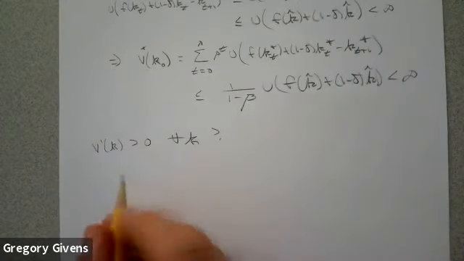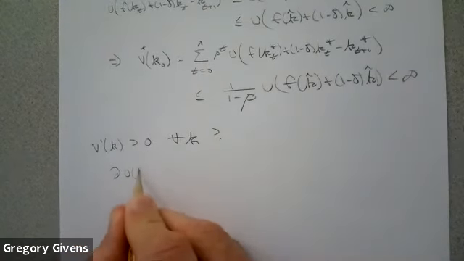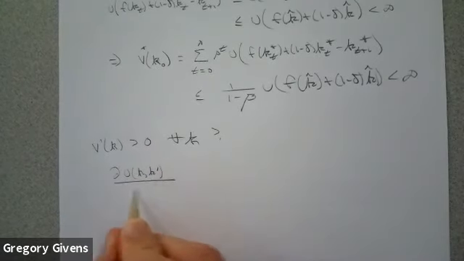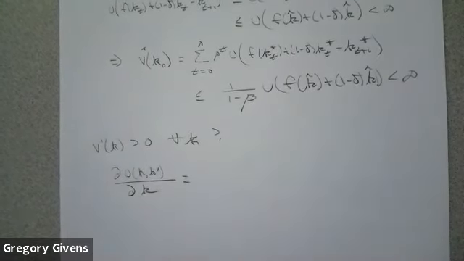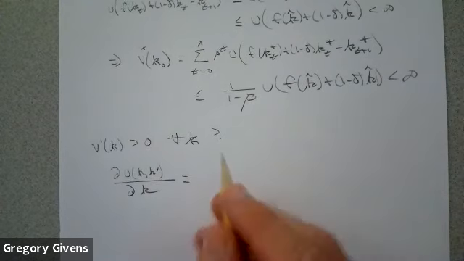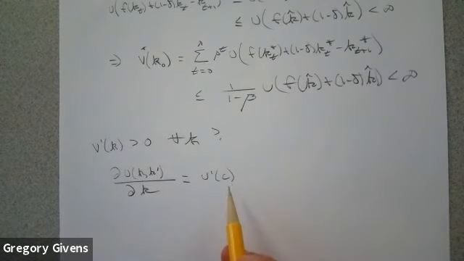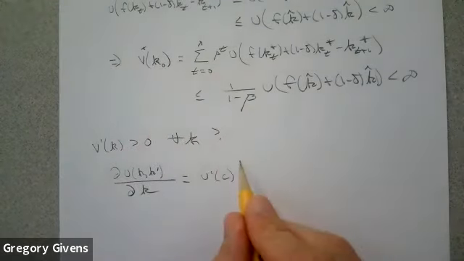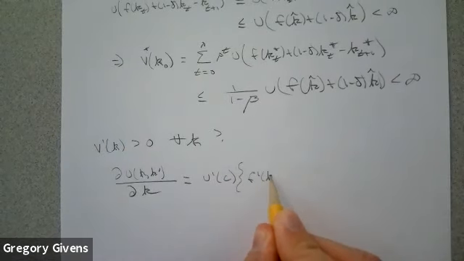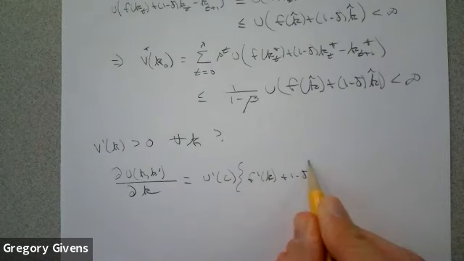Okay? Now, what is the partial of u with respect to k? Is the utility function increasing in the capital stock? Well, let's go through the derivatives. It's u prime of c, right, times the derivative of c with respect to k, which is f prime of k plus 1 minus delta.